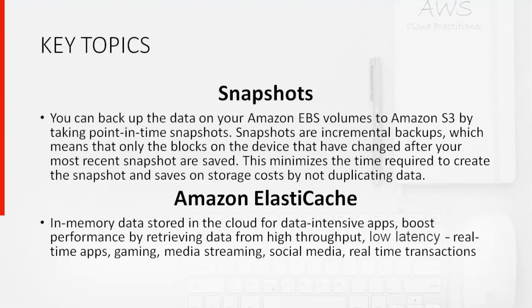Amazon ElastiCache. In-memory data stored in the cloud for data-intensive apps. Boost performance by retrieving data from high-throughput, low-latency, real-time apps, gaming, media streaming, social media, real-time transactions.